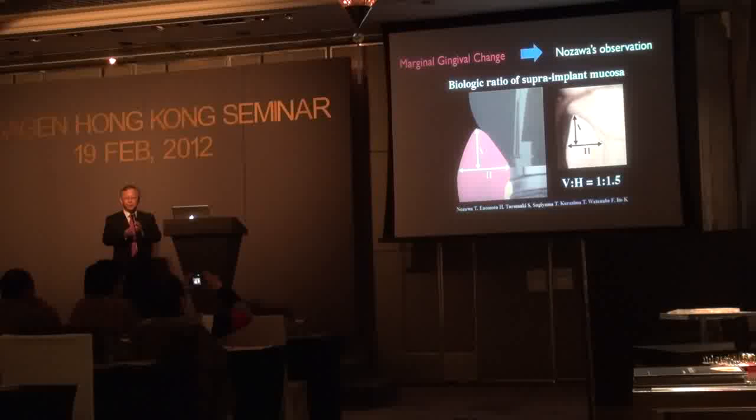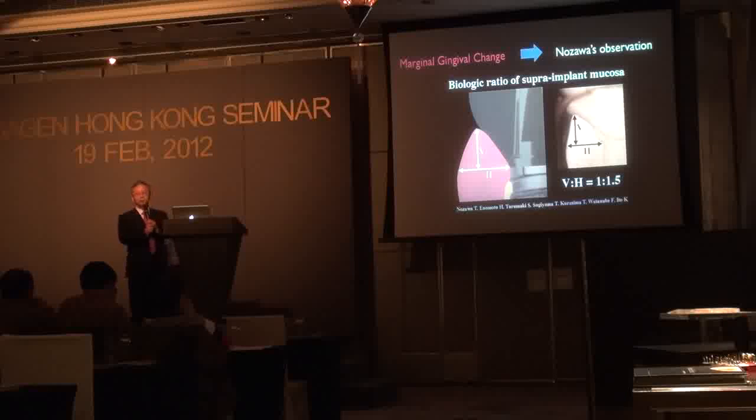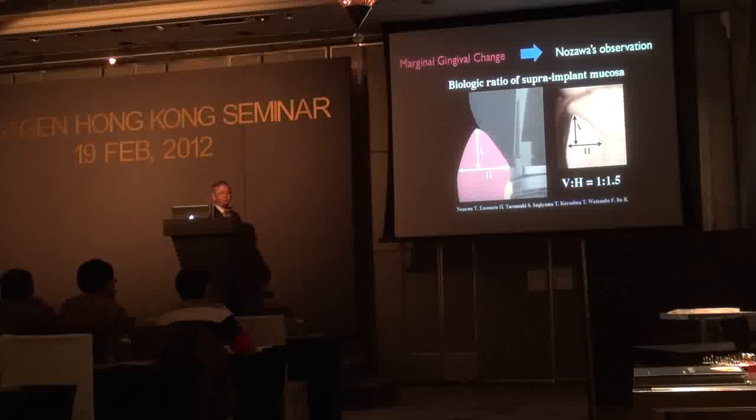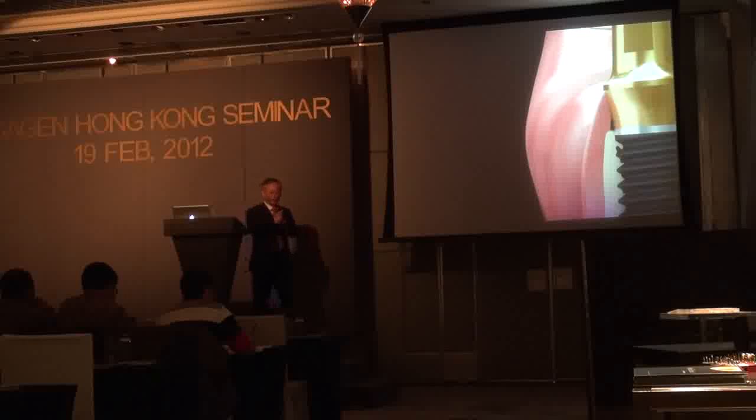It's very opposite to the natural tooth. Usually, on the natural tooth, the vertical height is higher than the thickness. But on the implant, it became vice versa. We should know about this.